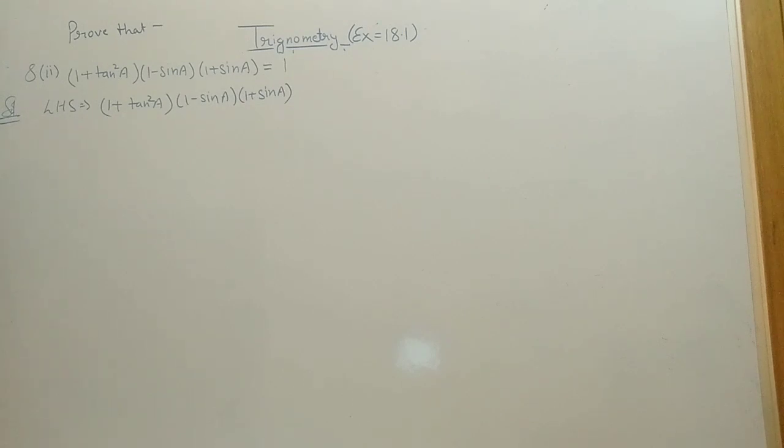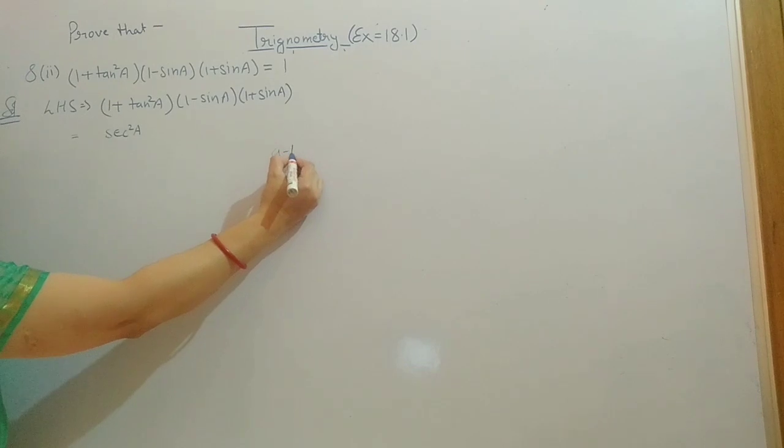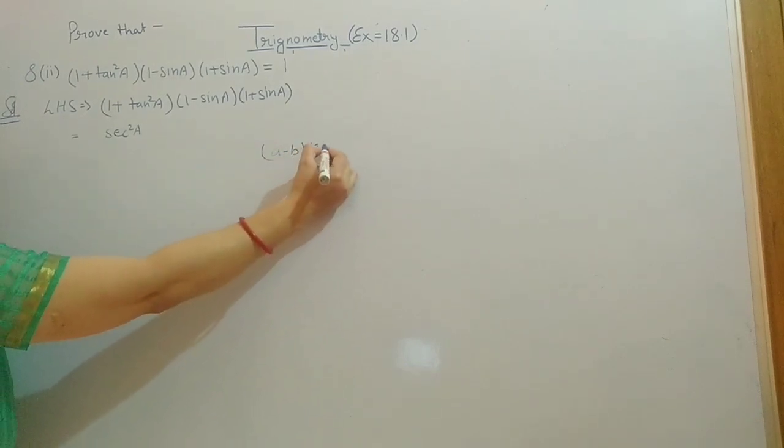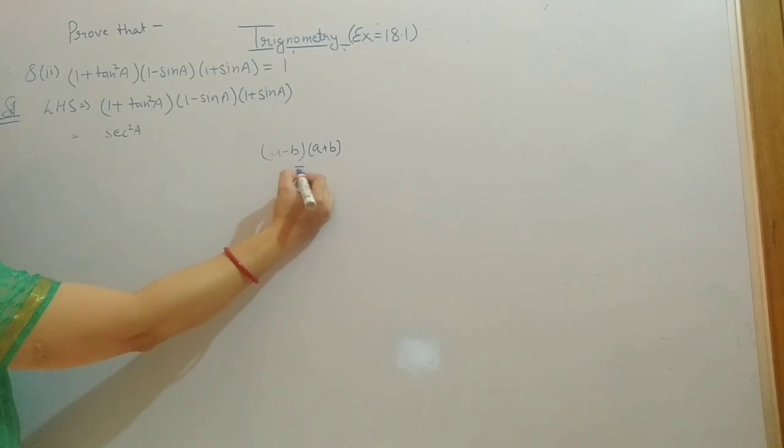The second part, 1 plus tan square a, 1 minus sin a, 1 plus sin a is equal to 1. So on the left side we have taken 1 plus tan square a, 1 minus sin a, 1 plus sin a. This first bracket, 1 plus tan square a, with the help of the second identity we can write as sec square a. Now the second and third bracket, 1 minus sin a, 1 plus sin a, a minus b into a plus b, that is equal to a square minus b square.